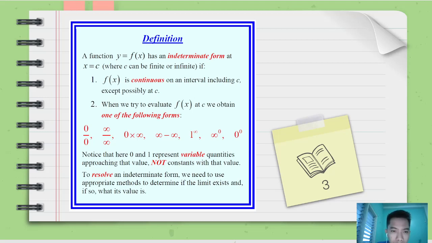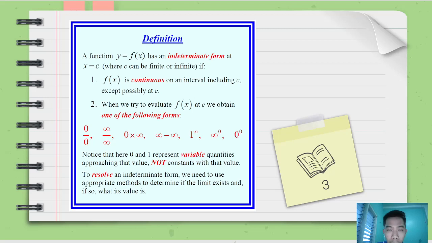So notice here that 0 and 1 represent variable quantities approaching that value, so it is not necessarily 0 and 1. They do not have an exact value, but they are variable quantities approaching that specific value.